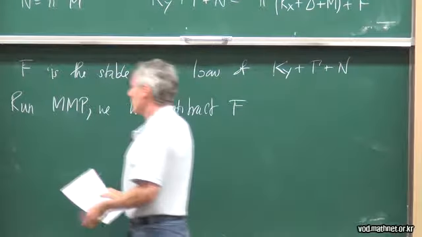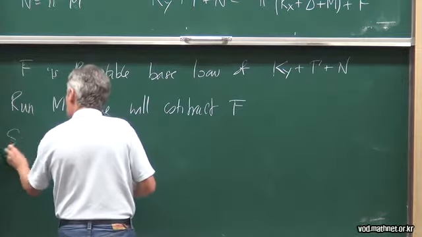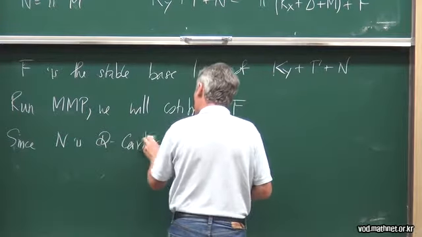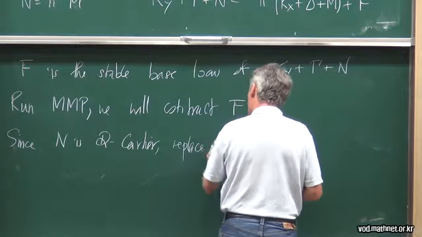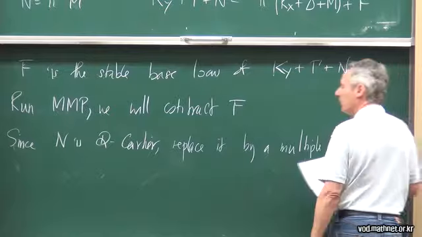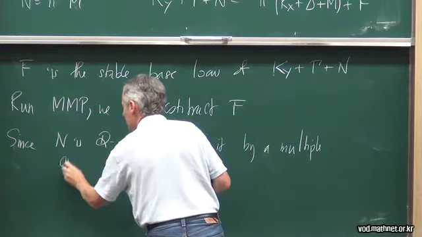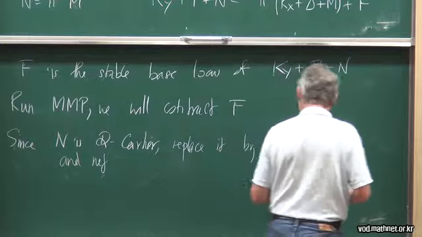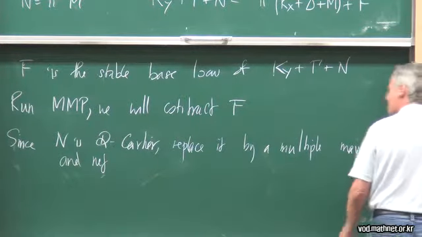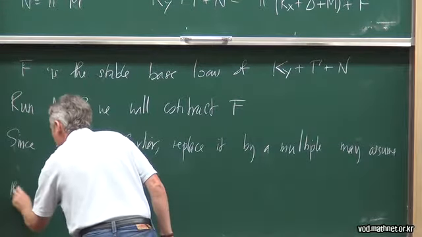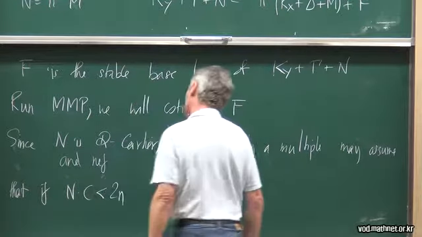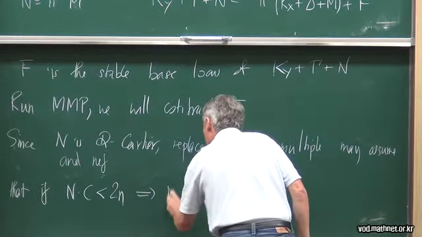Okay. And so now here's the point. Since N is Q-Cartier, if I replace it by a multiple, it's also nef, and I may assume that if N dot C is less than 2n, then in fact N dot C is equal to 0.